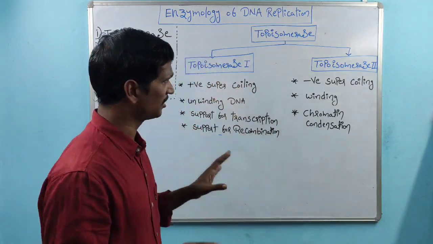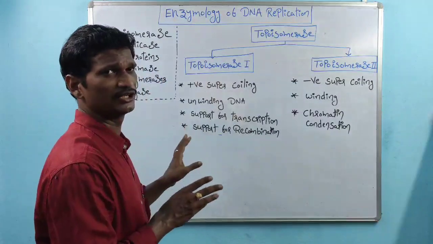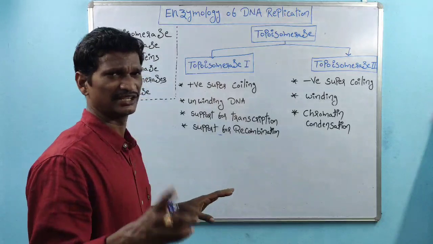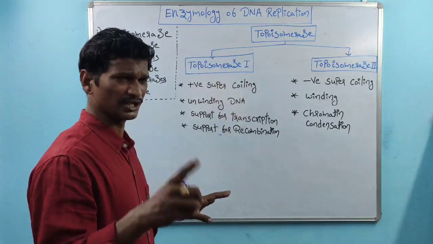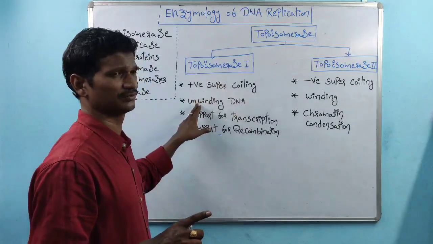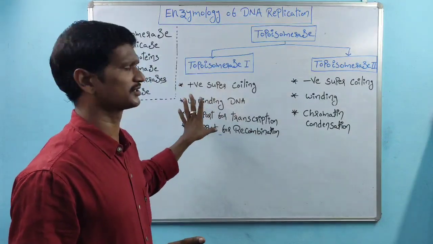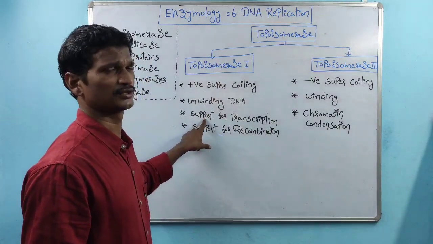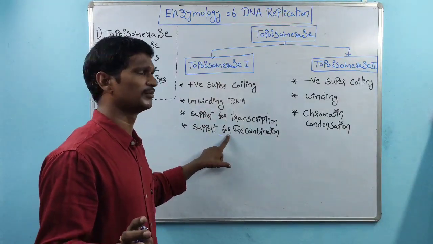So in this concept, what I am telling is that topoisomerase 1 supports relaxation, or removes the tension from DNA, means removes the coil-like structures. So it supports DNA replication, transcription, and recombination.